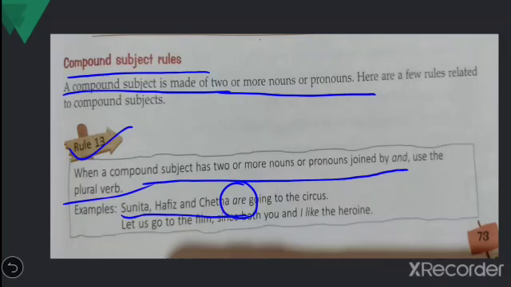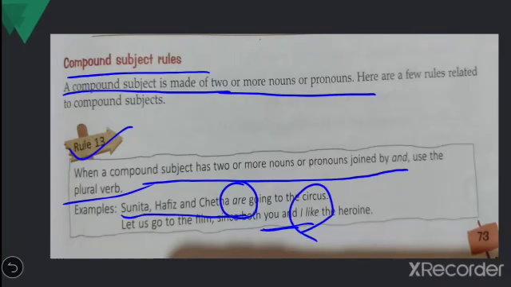Let's go to the film since both you and I like the heroine. Here, you and I is a compound subject pronoun, more than one pronoun.